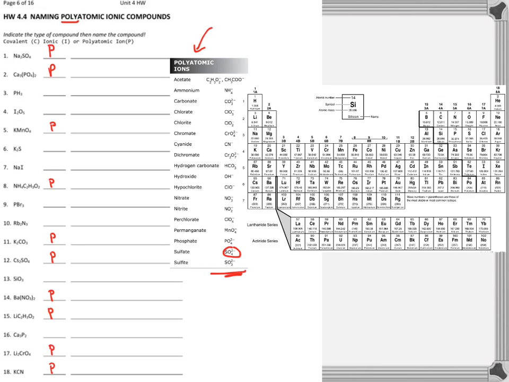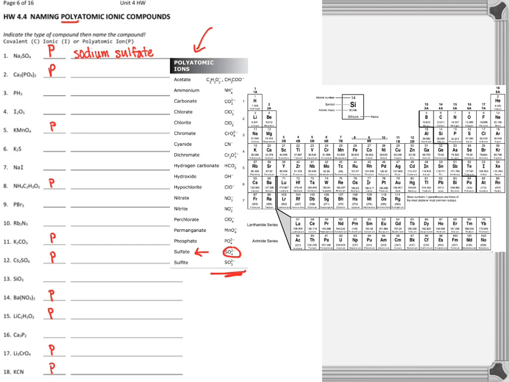I'm going to write down the name of the metal. With polyatomic ions, these names never change. I look over to see what the name is for this ion, and it is sulfate. So my compound is called sodium sulfate.